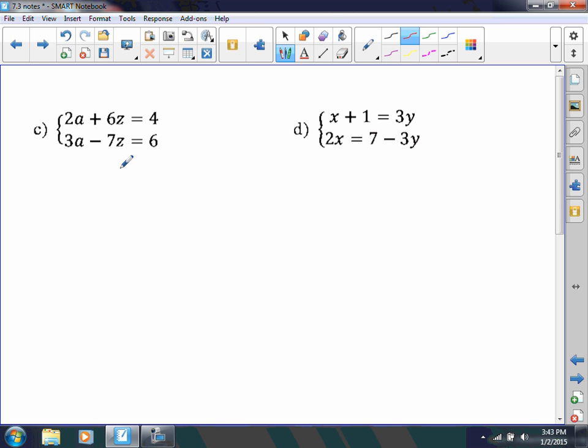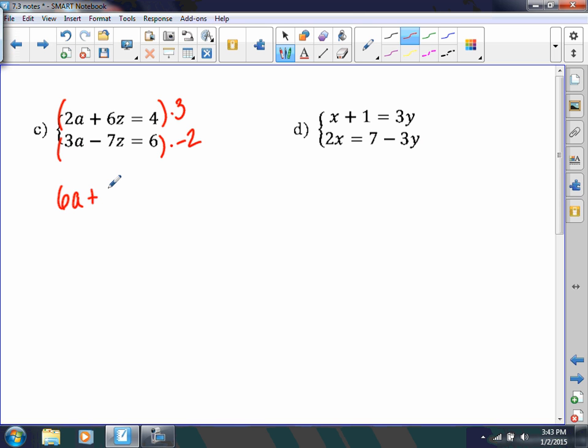Okay, but I'm going to multiply everything in the top equation by 3. That'll give me a 6a. And then I'm going to multiply everything in the bottom equation by a -2. That way I get a -6a. And that way I'm working with smaller numbers. Okay, so 3 times 2 will be 6a.